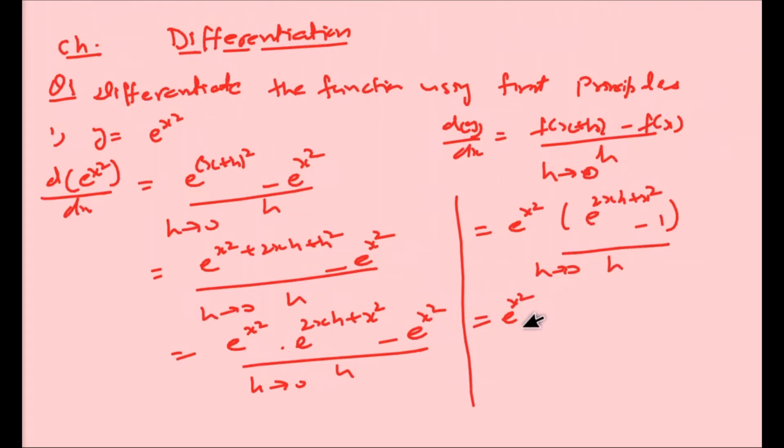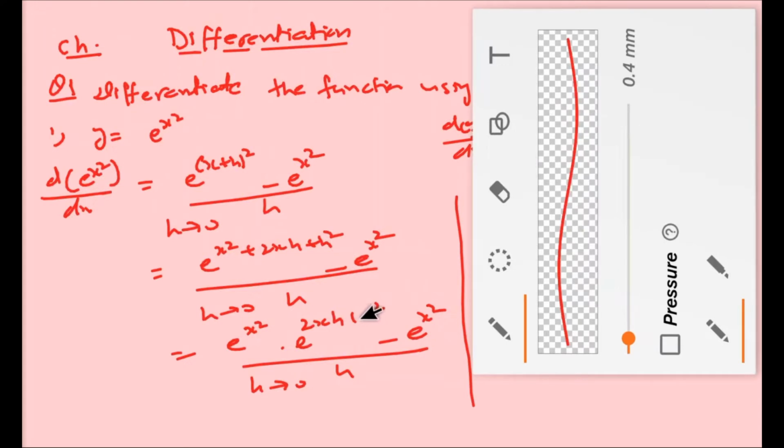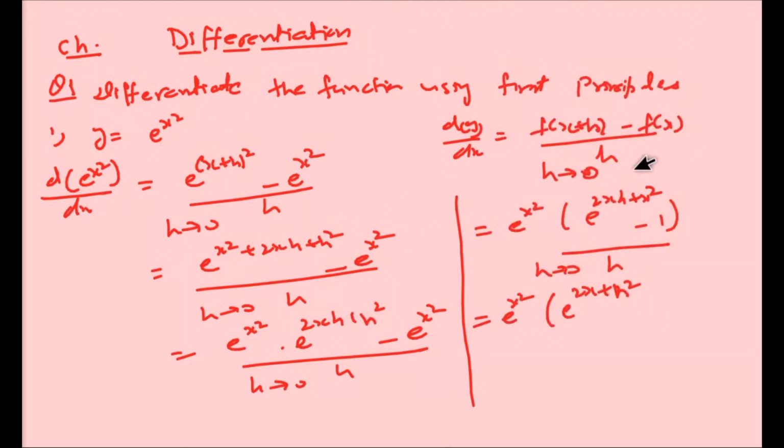So using that concept, we divide by 2xh plus h square and multiply by 2xh plus h square and divide by h.